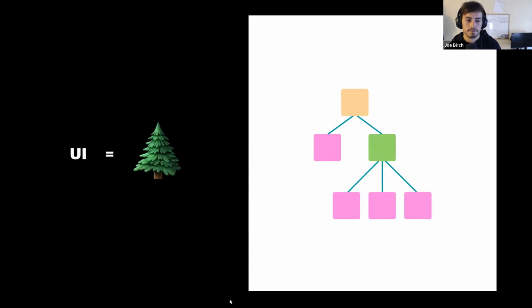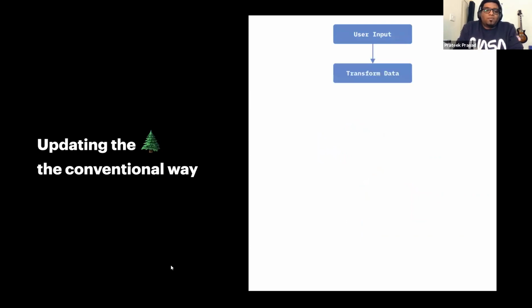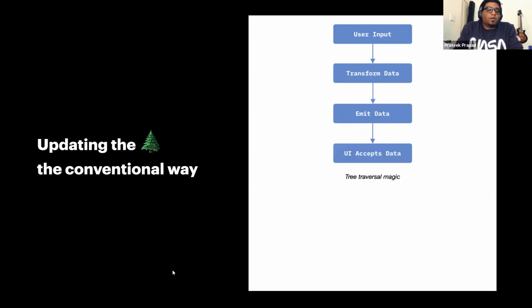Okay, so UIs are represented conventionally as trees, with the container as the parent node and other views as child nodes of the tree. So if we take a look at how we would update a tree in imperative UI, the user input would transform and emit data that is then consumed by the UI, and then through some tree traversal magic, a specific node would be updated.